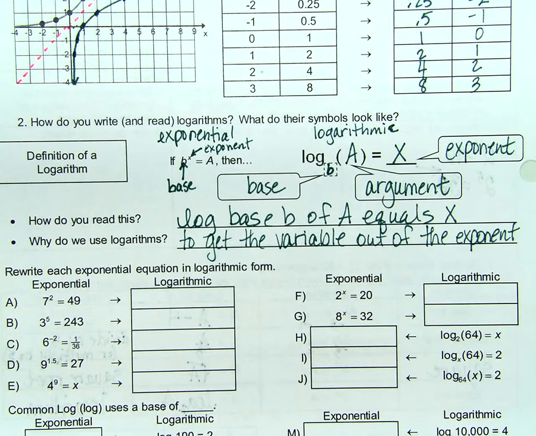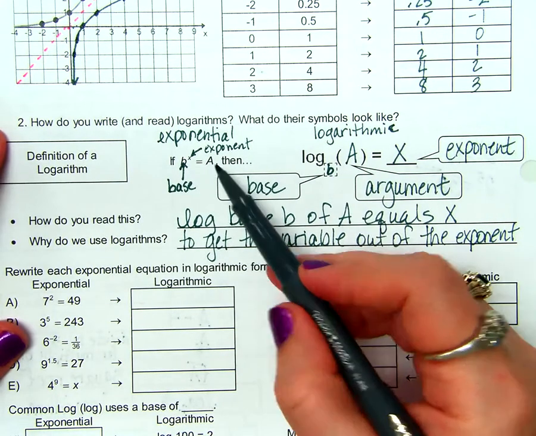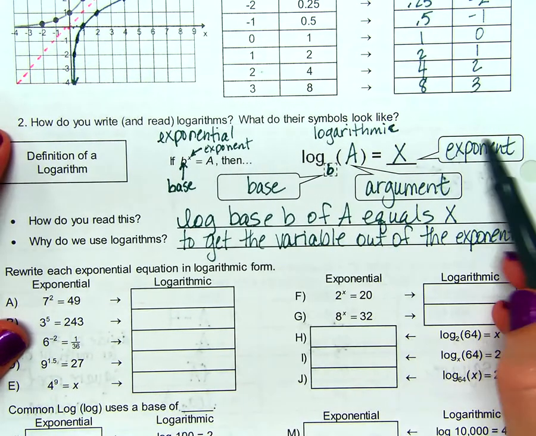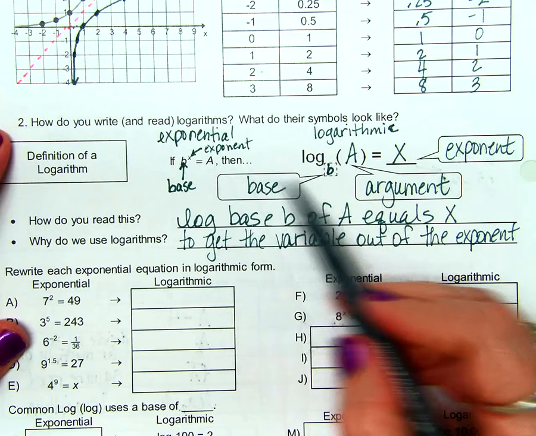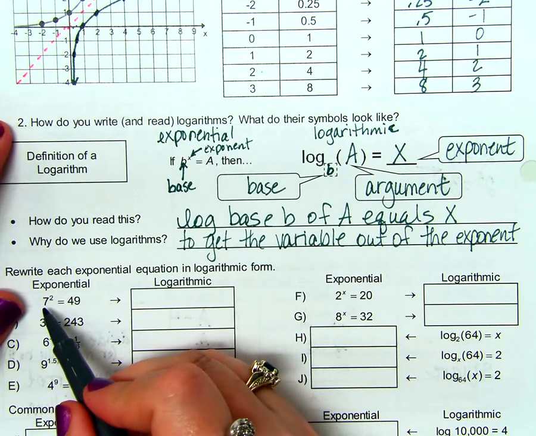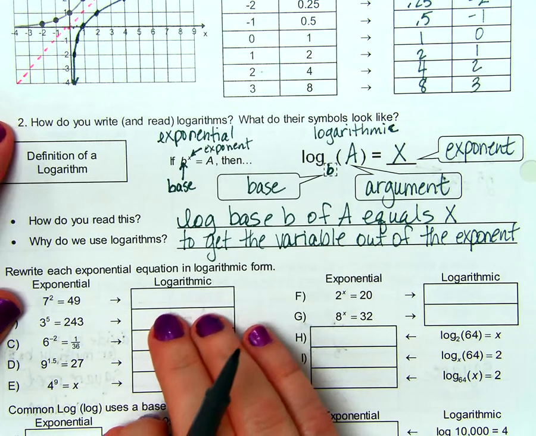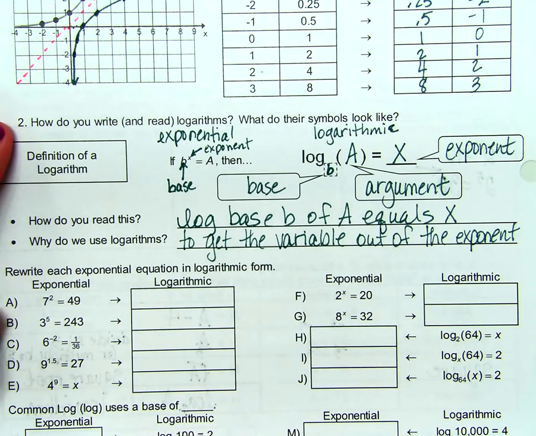So the first thing I need you to do for me today is be able to go back and forth from exponential form to logarithmic form. Okay? Knowing that the base is a base, the exponent is our solution, and the argument is the other part. Okay? So 7 squared equals 49. What's that going to look like in logarithmic form?